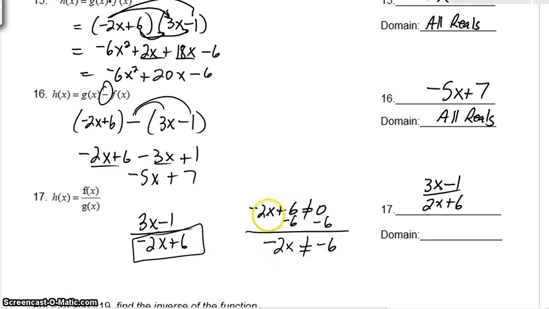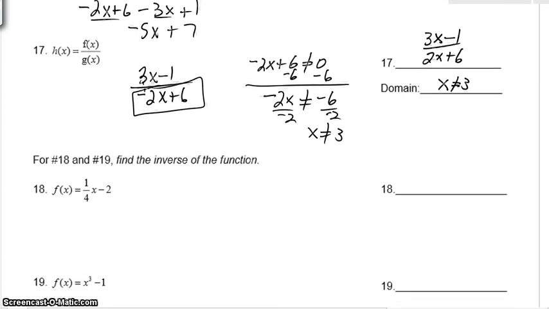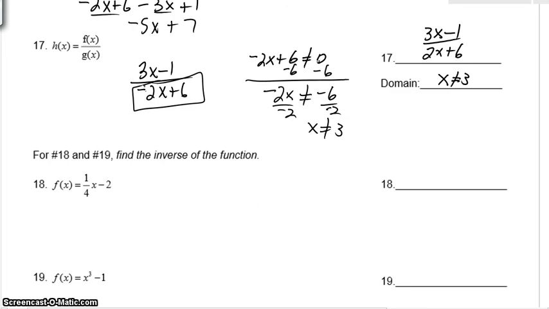So solving, I'm saying negative 2x plus 6 can't be 0, minus a 6, divide by negative 2. You'll see that x cannot be 3. If you did plug in a 3, you'd get 0 in that denominator, and that would violate our restriction. We can't have that happen.